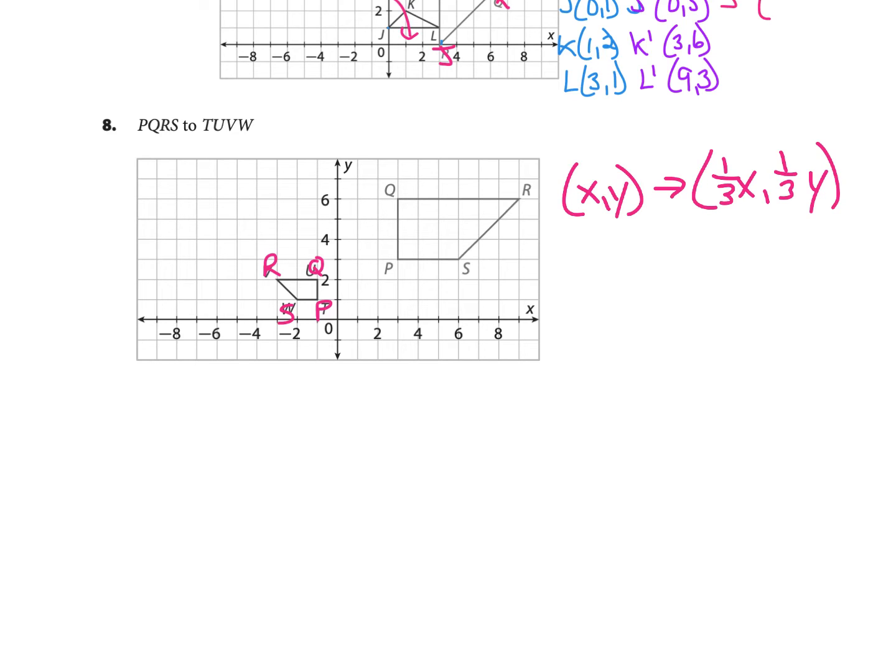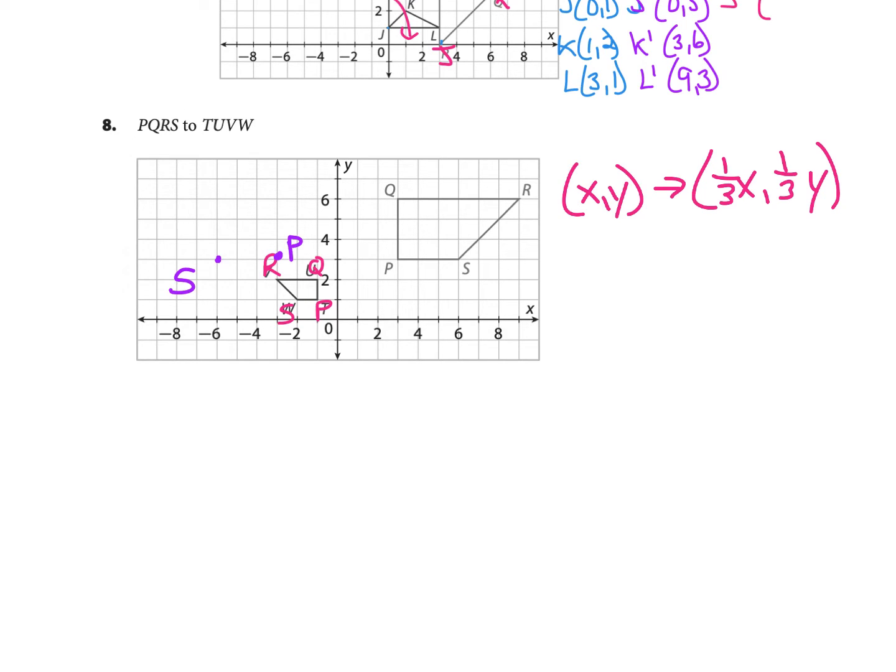All right. And a reflection. So if I reflect that first, and reflecting it first might be easier. So if I put P here, 1, 2, 3, 1, 2, 1, 2, 3. P goes here. S goes here.